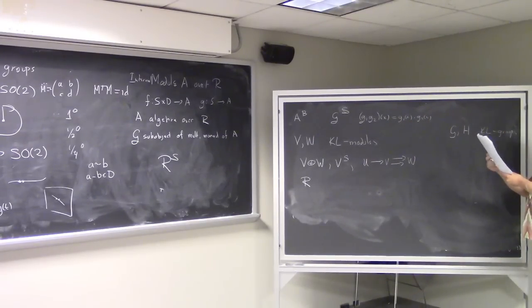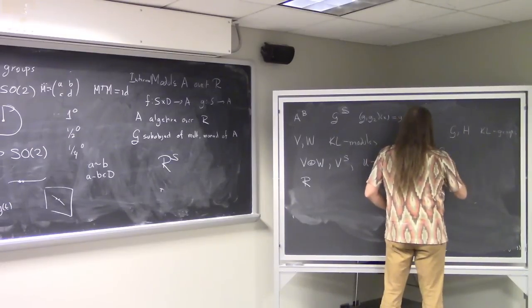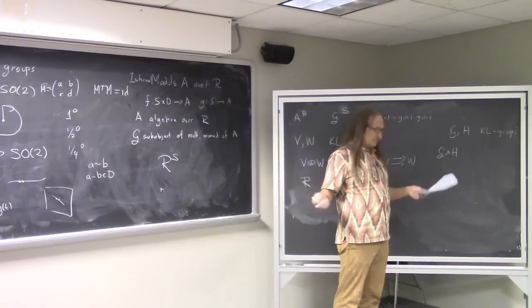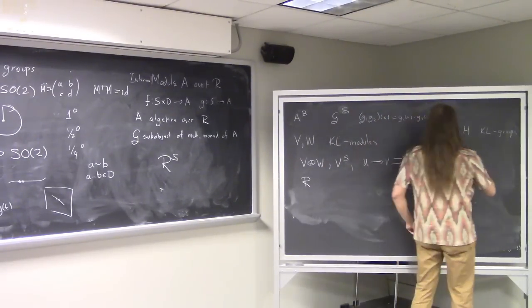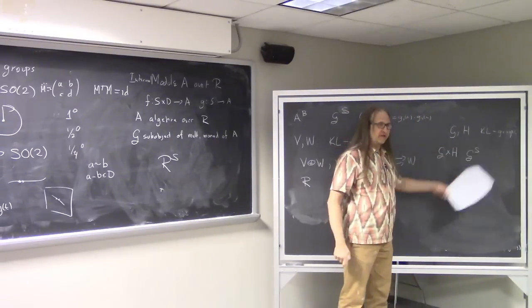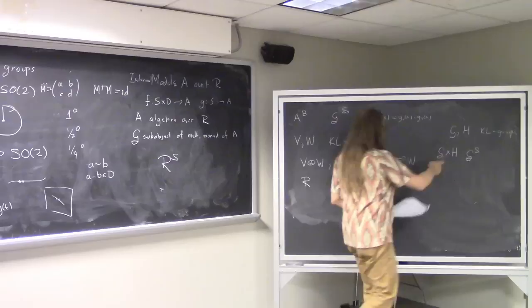Well, a couple of things I did. So again, one thing is, if I take the product of groups, it'll still have that property, so I can handle it. Next, if I take any object whatsoever, G to the S, the example I mentioned earlier, they work.